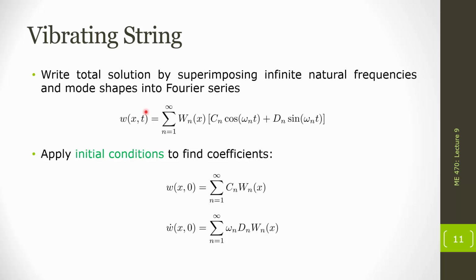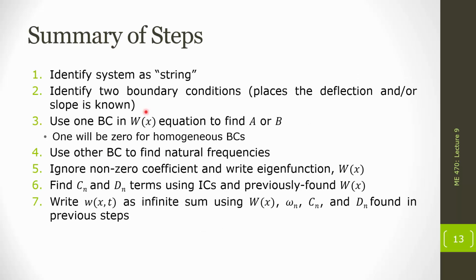So as a quick summary of what turns out to be typically a lot of steps to go through when we are dealing with a string. The first thing is we need to identify our system as a string. Is it a system where we have only that internal normal force and we don't have internal shear forces or internal bending moments? And furthermore, to use the equations as we did, we had to make sure that those limitations were in place.